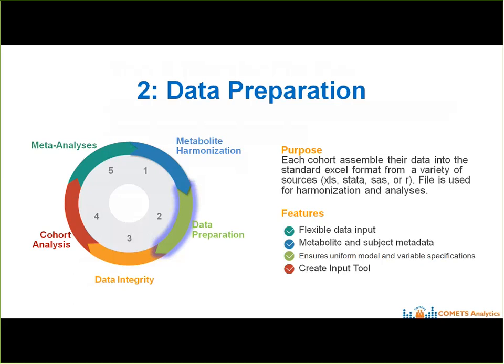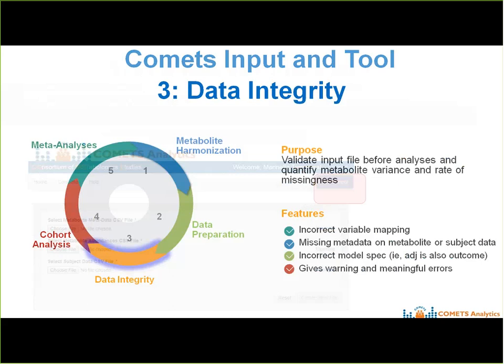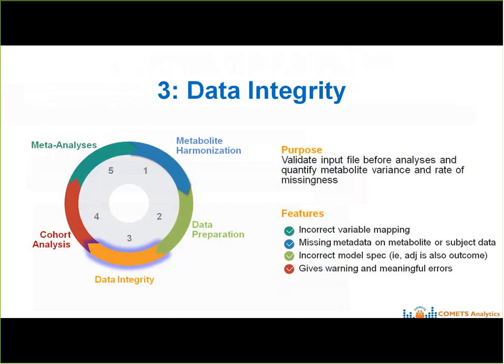We also have this Create Input tool that allows you to use your source data file to compile this Excel format. So Evie and Steve will go through this quickly, but just to show you, we have a standard format spreadsheet that has 5 tabs, and we have a Create Input here where you can create your own Excel file to be put into COMETS Analytics.